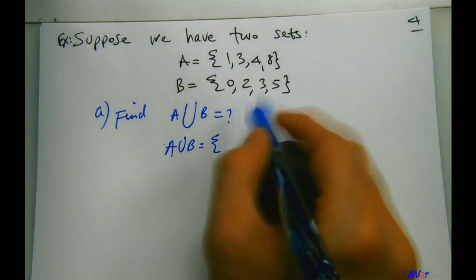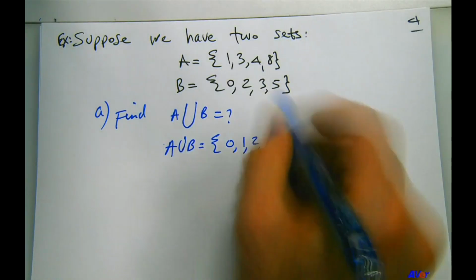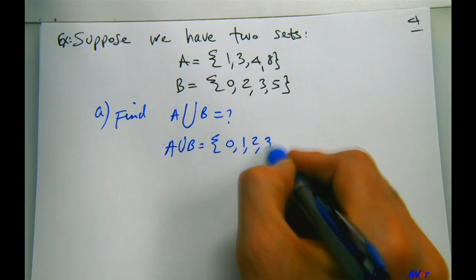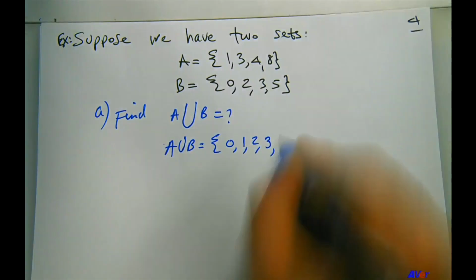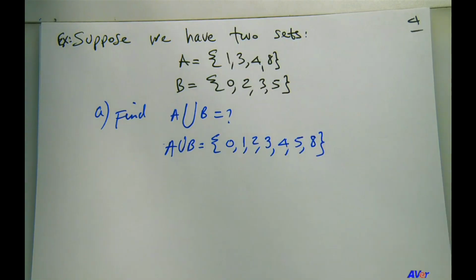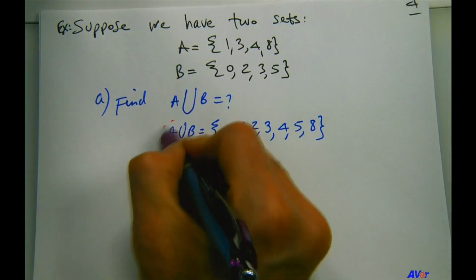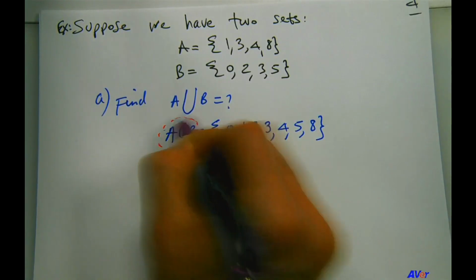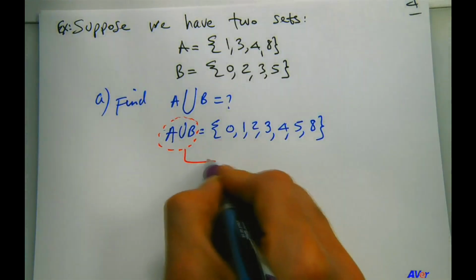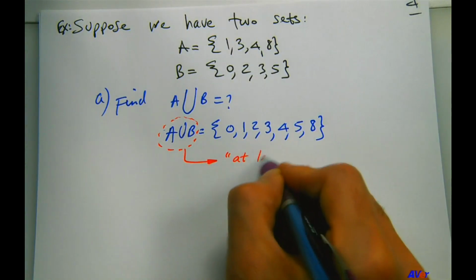I'm going to put these in order. So 0 first, then 1, then 2. 3 happens in both, but we only need to list it once. And then 4, and then 5, and then, of course, 8. Okay? That's A union B. The other thing that you should know, this notation also is referred to with the phrase at least.